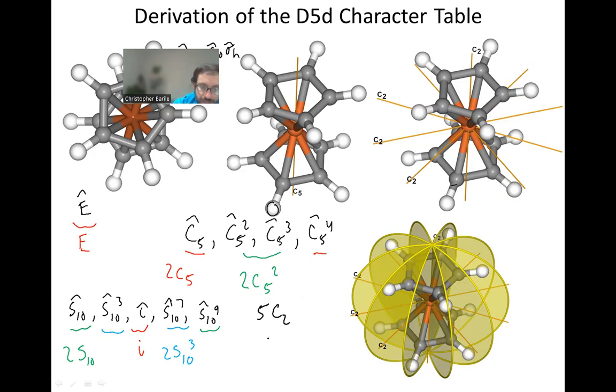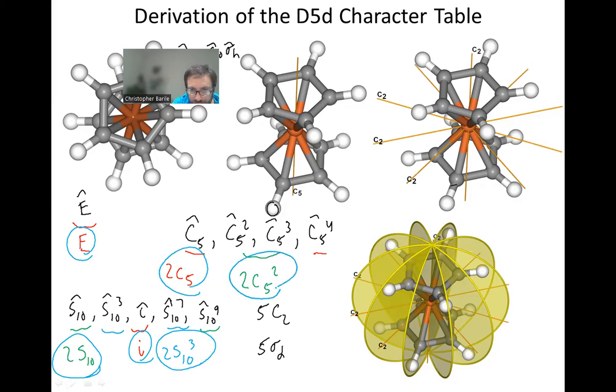Just call them 5C2s. That's a class. And then we're also going to have our 5 sigma d's. So in total, if we look here, we have 1, 2, 4, 6, 8, 10, 15, 20 symmetry operations grouped in 8 different classes.